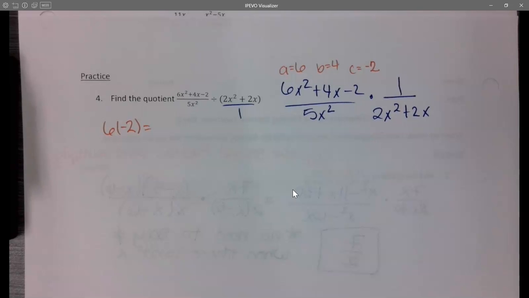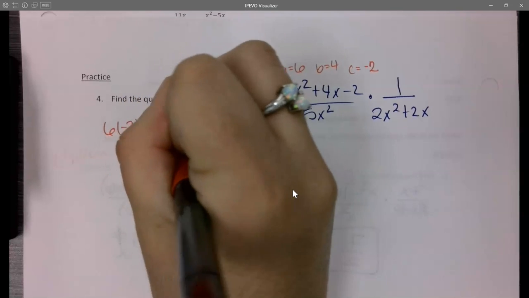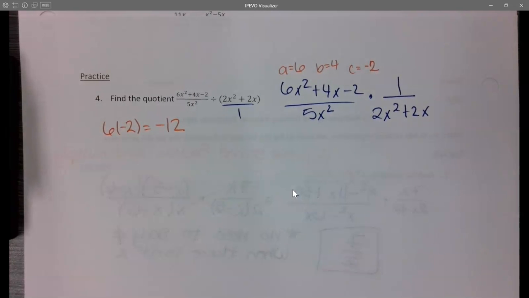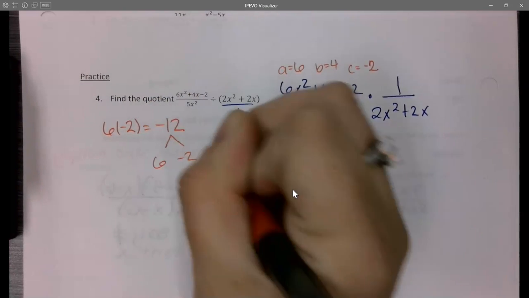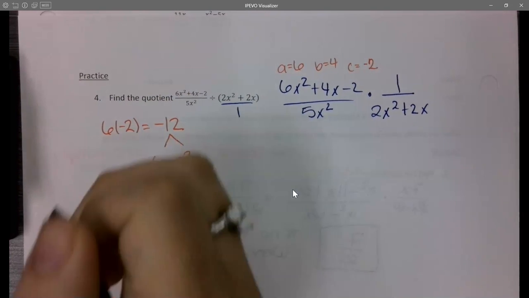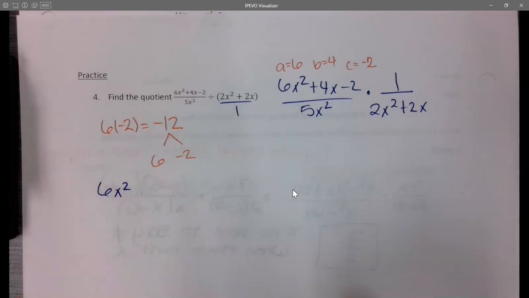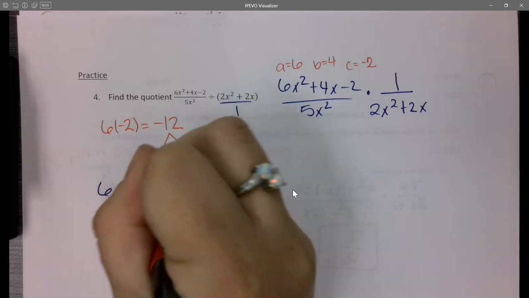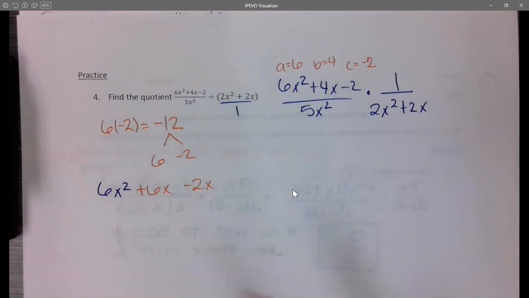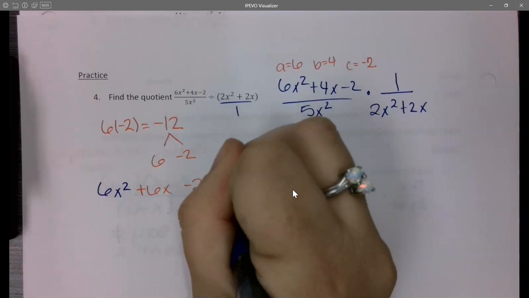Okay. Then 6 times negative 2 is negative 12. So what are my factors of negative 12 that add up to positive 4? Yeah. 6 and negative 2. So then I want to split this up. I'm going to have 6x squared. And then instead of writing 4x, I'm going to have positive 6x minus 2x minus 2.